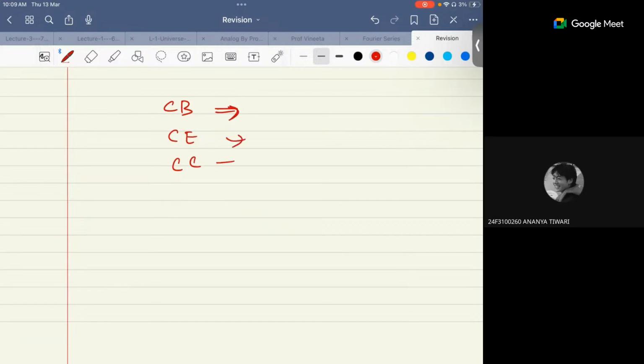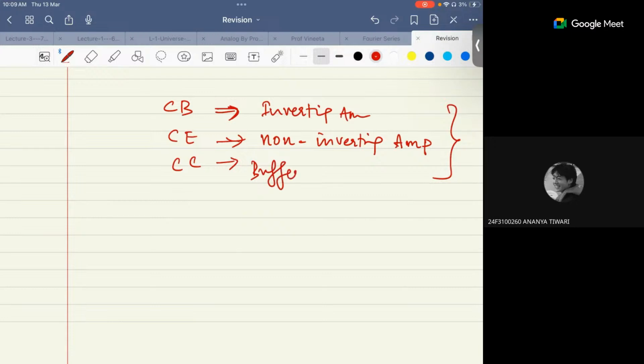Common emitter is inverting amplifier, and CC is a buffer. So the statement will be like common emitter is working like an inverting amplifier. I hope you'll be able to solve it, right?